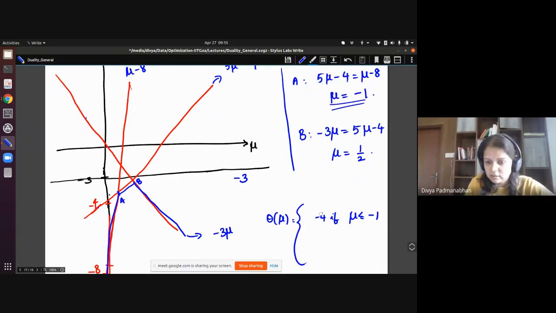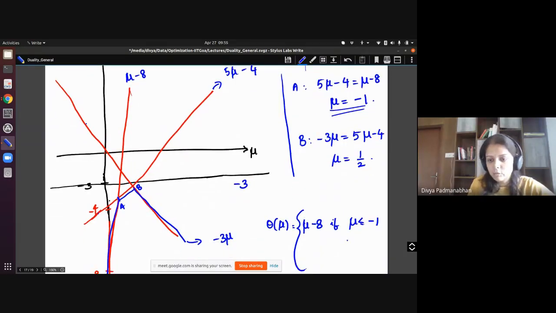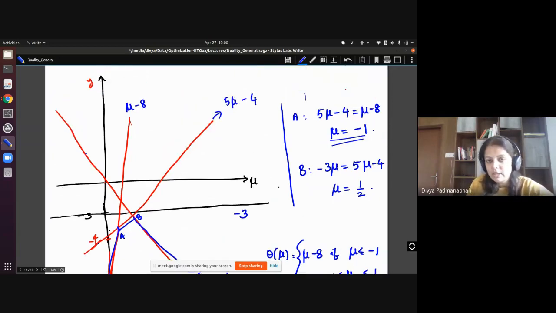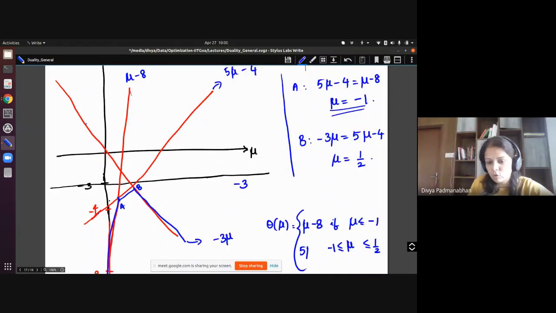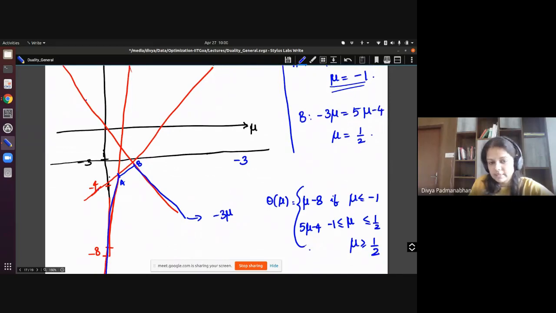Yeah, I think that's where I messed up. So this is mu minus 8. And for mu greater than or equal to minus 1 and less than or equal to half, you have this line phi mu minus 4. Okay, and for the rest, mu greater than or equal to half, you have minus 3 mu.